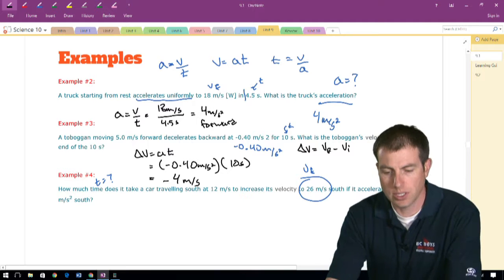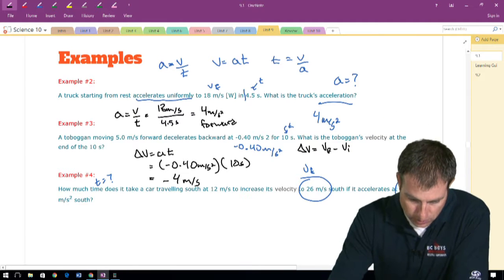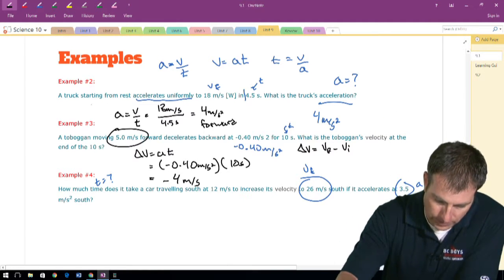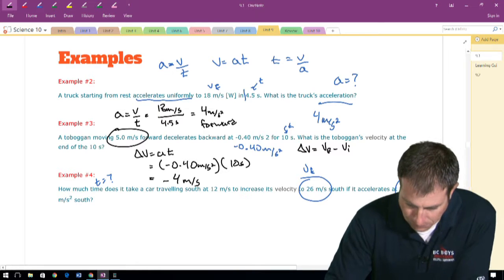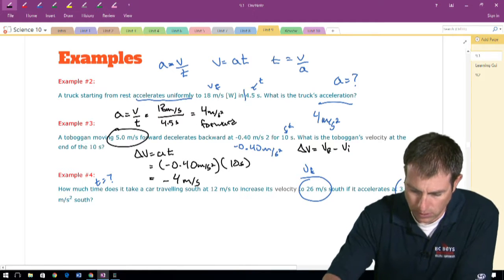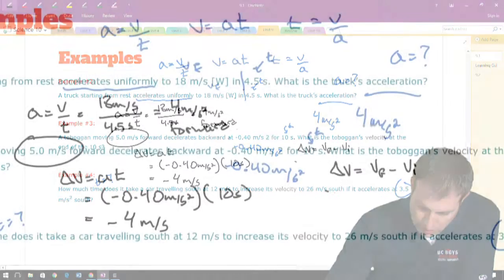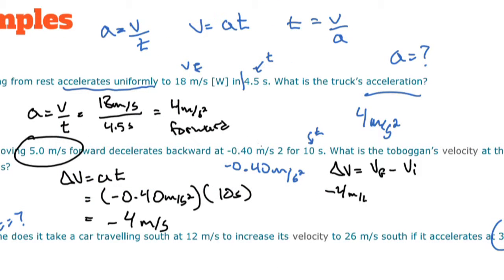And in this question, I'm told that it starts at 5. So let's just go with this. The change in velocity is going to be negative 4. I don't know what the final velocity is going to be, so I'm just going to leave it as final velocity. I don't know what it is, but I know the initial velocity, it started at 5, so I'm going to subtract 5 meters per second.